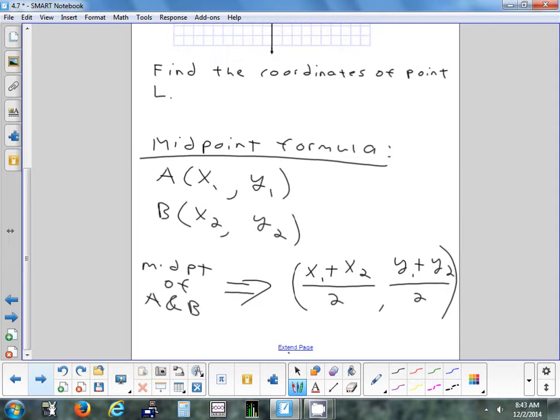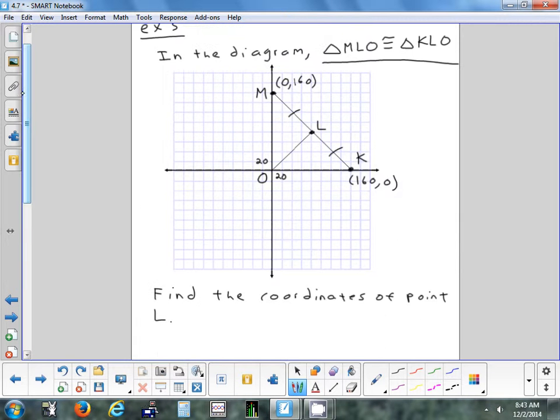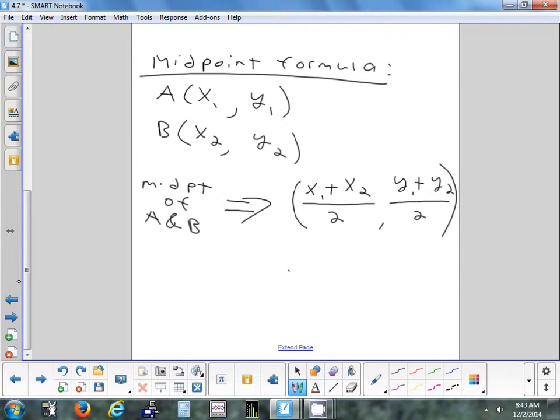So let's look at our 2 points. We've got 0, 160, and 160, comma 0. Let's find the midpoint of those 2 points. Rose, what's x1 in this case?